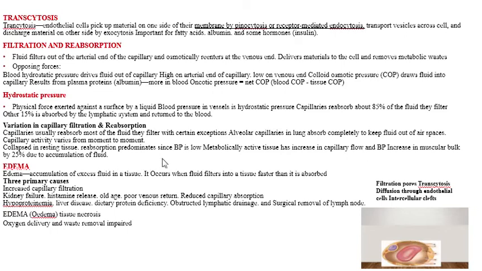Tissue fluid accumulates faster than it is absorbed, because there is a defect in the reabsorption or excretion of the fluid. There are many reasons, but usually there are three causes. The first one sometimes relates to the kidney.